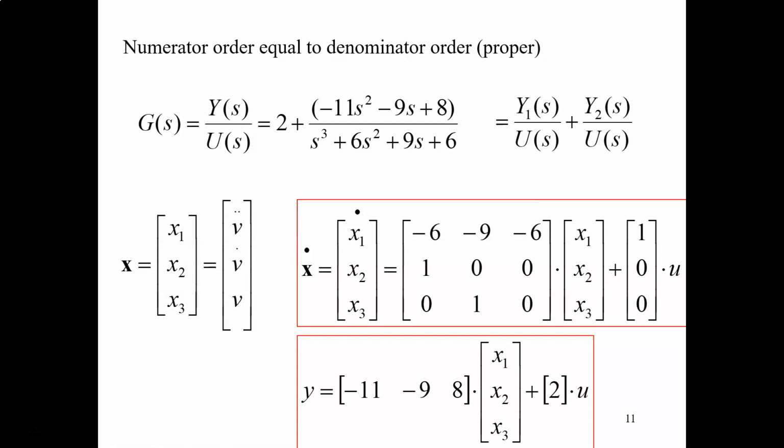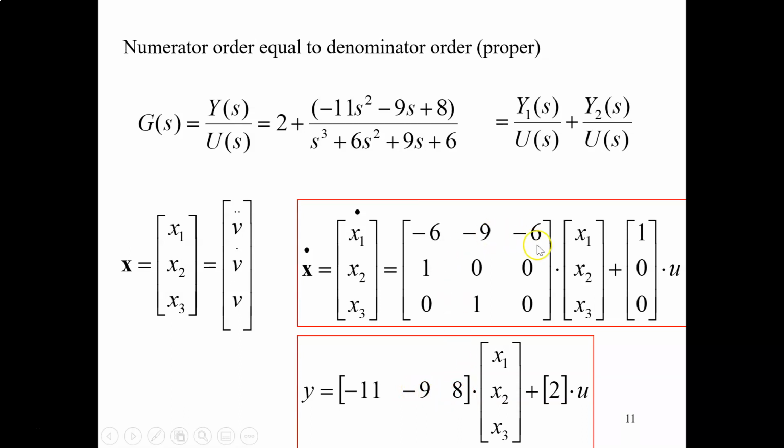And this is 1, this is 1, and this is 1 as well because you have output there. The C matrix in the output equation will have the coefficients of the numerator terms. So it's -11, -9, 8.